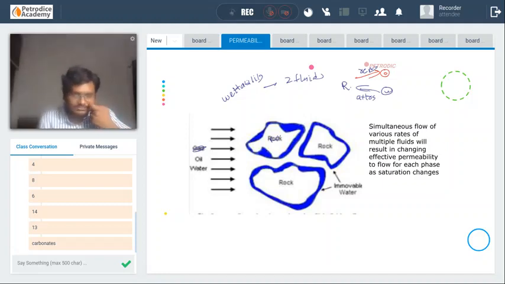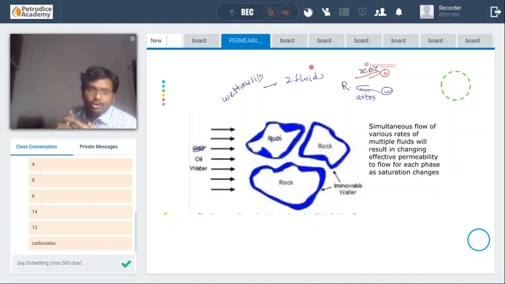So what happens is, if you send 50% oil and 50% water into the system, because the rock is water wet, the water will get accumulated on top of the grains, and the oil will move to the larger pore spaces. So at the end, we will get more oil and less water.